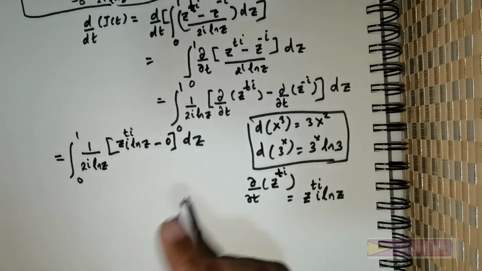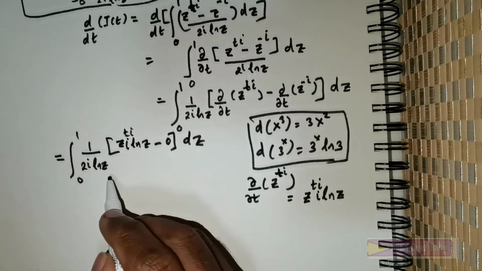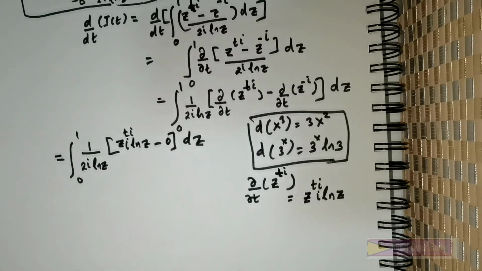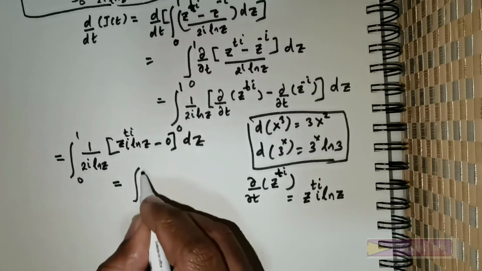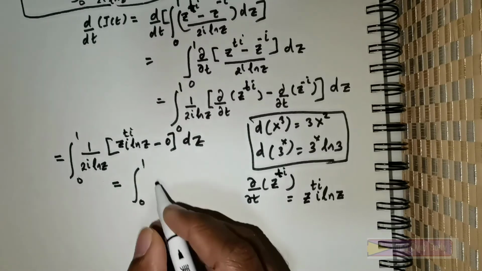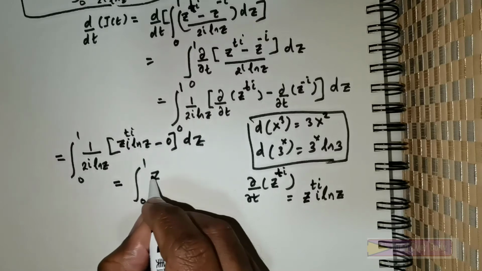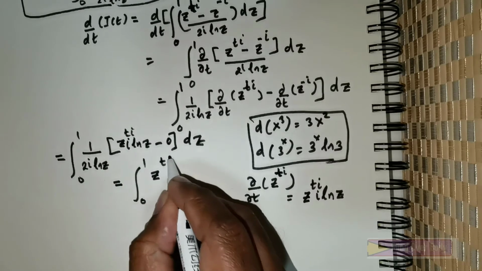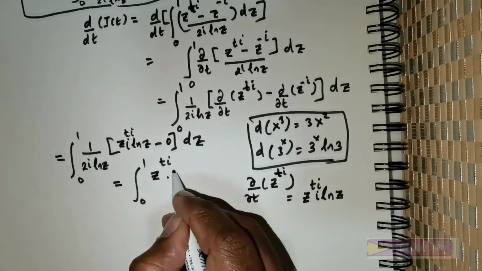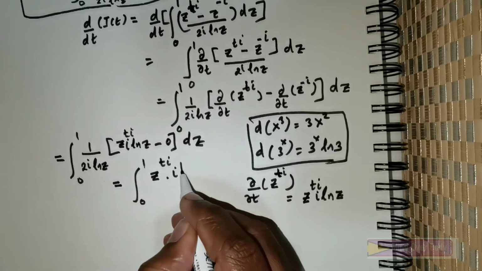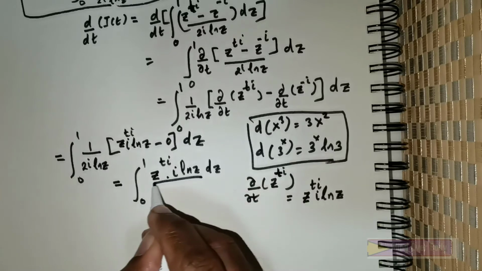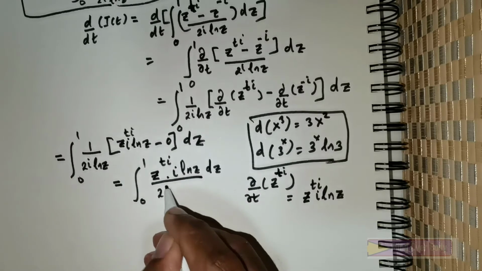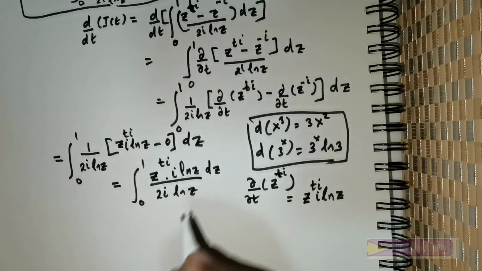Now I can rewrite it in the following fashion. So that is going to be equal to integral 0 to 1, z raised to the power ti times i times ln z into dz divided by 2 times i times ln z.